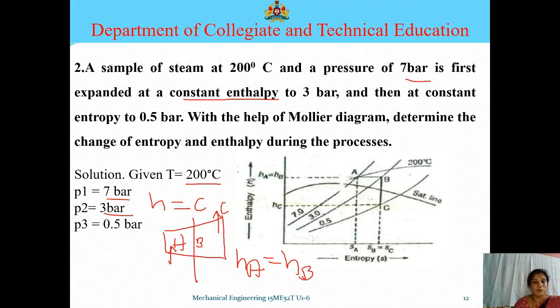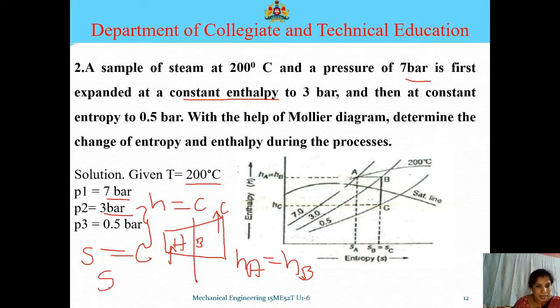HA equals HB. And then at constant entropy to 0.5 bar, that is when the pressure is expanding from 3 bar to 0.5 bar, the entropy is constant. This is the mid condition and this is the end condition.